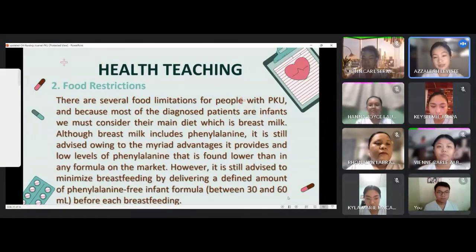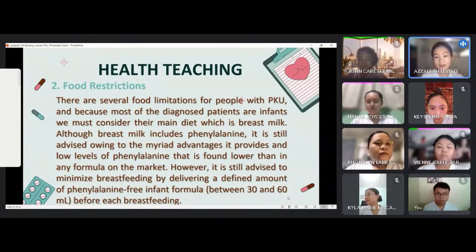So for the food restrictions, there are several food limitations for people with PKU. And because most of the diagnosed patients are infants, we must consider their main diet, which is breast milk. Although breast milk includes phenylalanine, it is still advised owing to the myriad advantages.